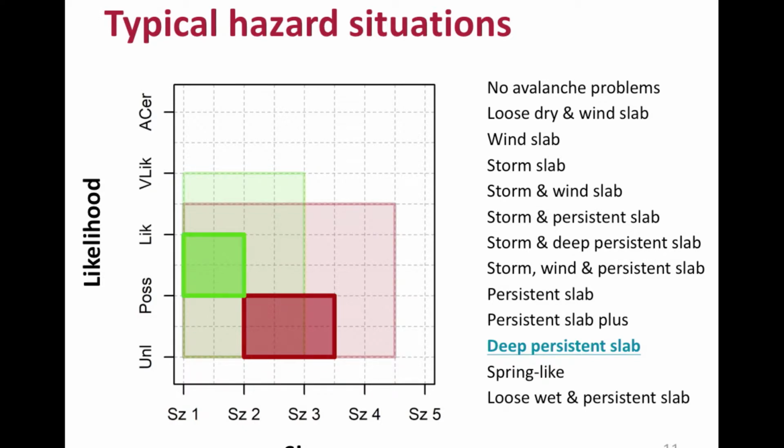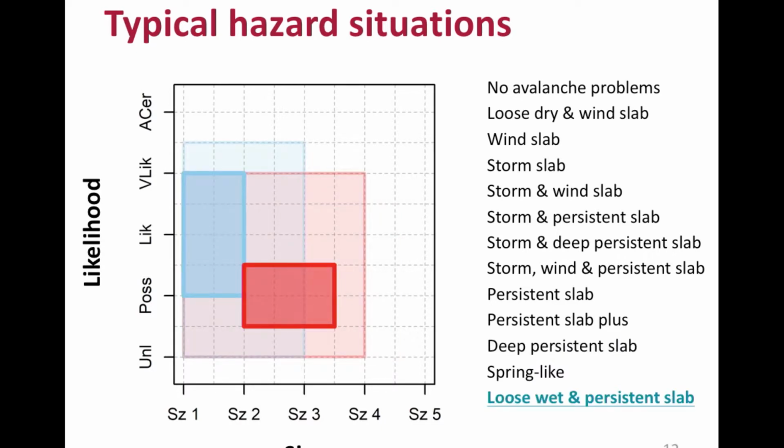Here is a deep persistent slab situation. The darker maroon rectangle is showing, on average, where that persistent slab is located on the hazard chart. So larger size than the green square here, which is the wind slab, and higher likelihood. And just another example being a loose wet and persistent slab situation.